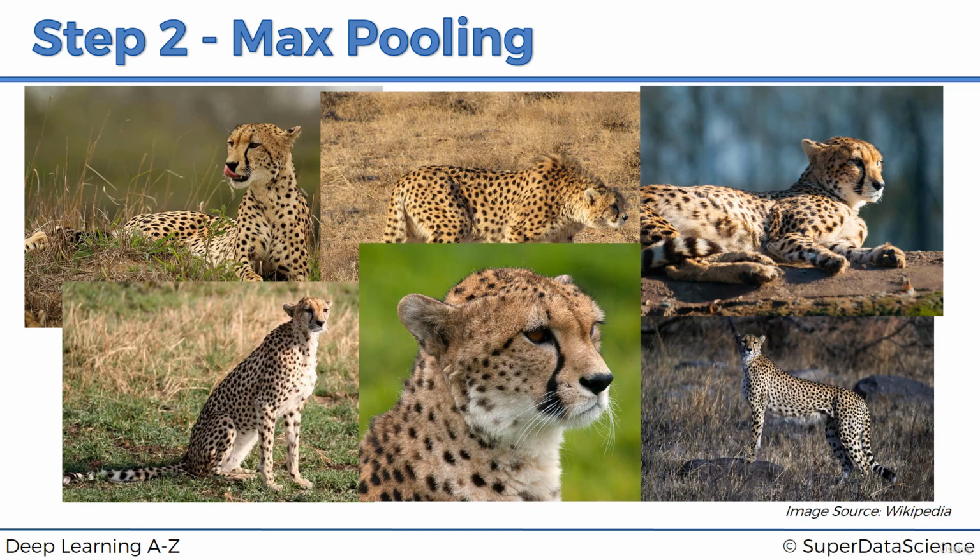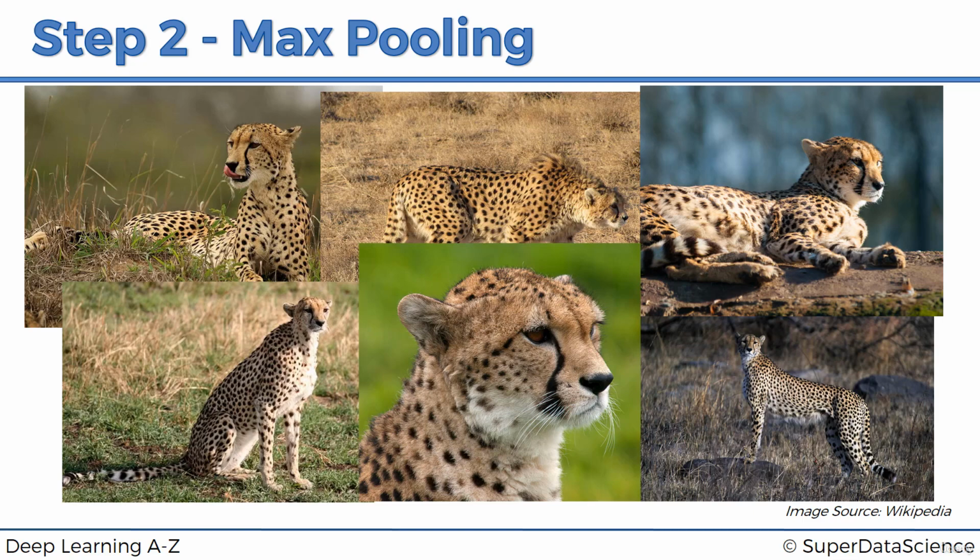Not so much in which part of the image, because we've taken that into consideration with our convolution layer, but it doesn't have to care if the features are a bit tilted, if the features are a bit different in texture, if the features are a bit closer or a bit further apart relative to each other. So if the feature itself is a bit distorted, our neural network has to have some level of flexibility to be able to still find that feature. And that is what pooling is all about.